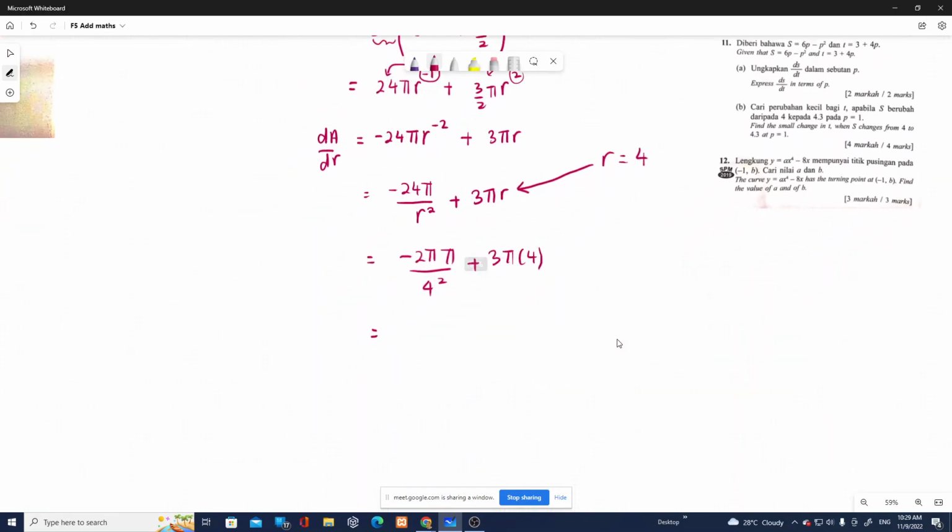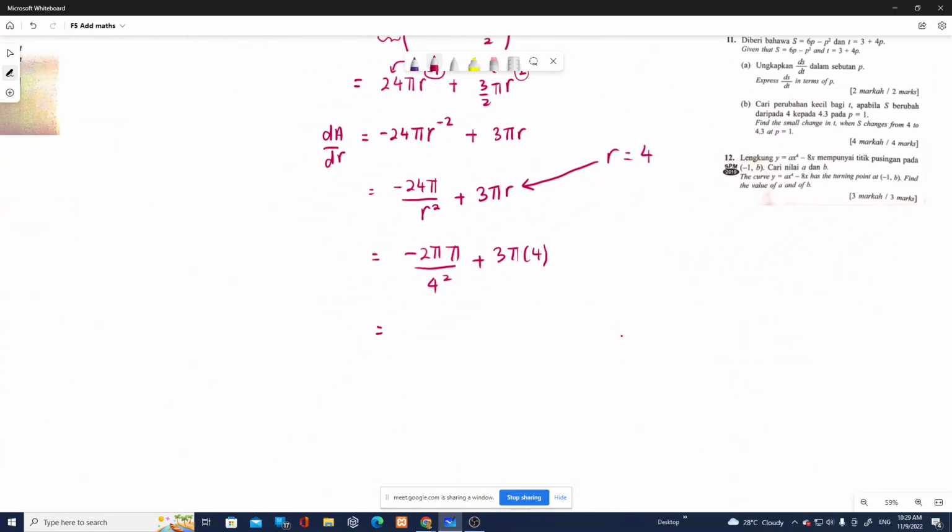Okay, so negative 2. Kenapa ada 2 pi pula? Okay. So, you will get negative 24 pi per 16 tambah dengan 12 pi. Bukan negatif 24 ke? Oh yeah, I wrote wrongly. Correct. You are right. It's actually 24 pi.